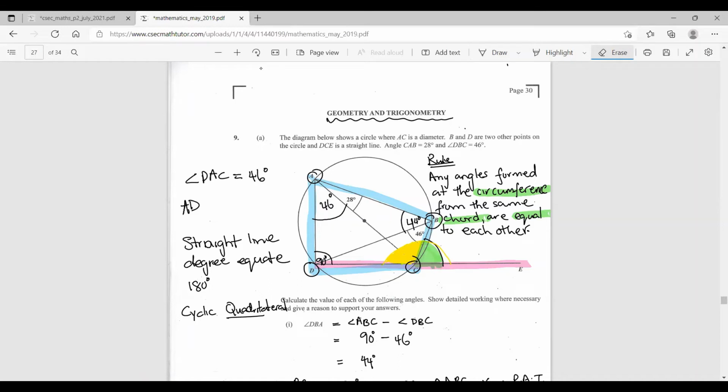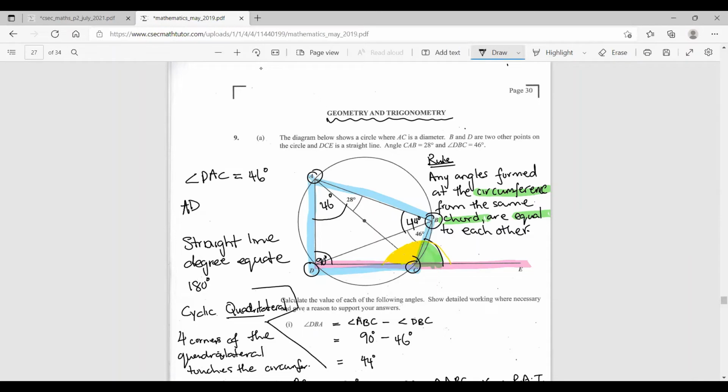So the 4 points or the 4 corners, or we could say the vertices, of the quadrilateral touch the circumference.